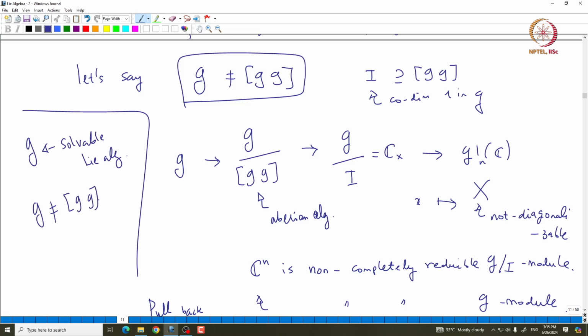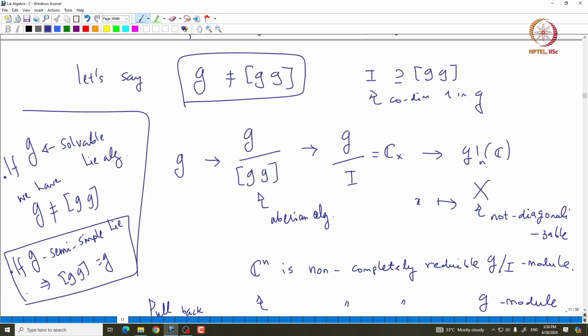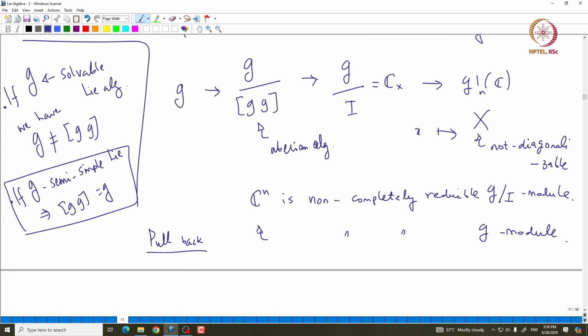So, what will be the other extreme? Whenever G is a semi-simple Lie algebra, in particular for simple Lie algebras, we always have, this is a fact, that if G is semi-simple, then the bracket [G,G] is equal to G. Indeed, in this situation we prove Weyl's complete reducibility theorem.